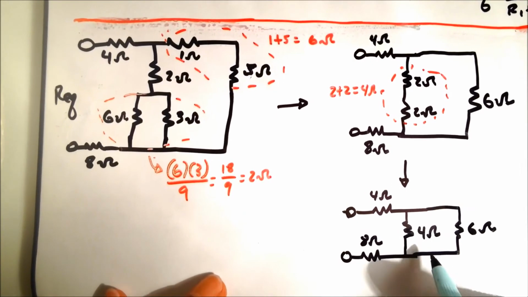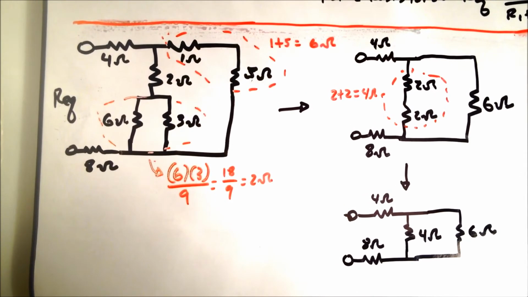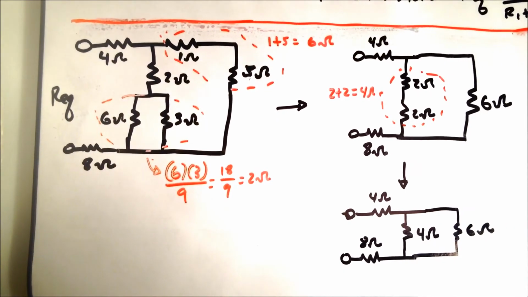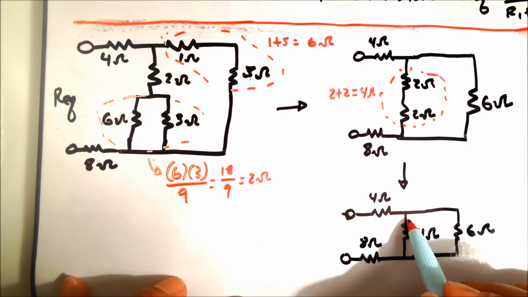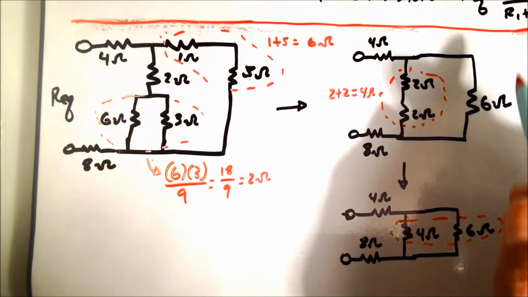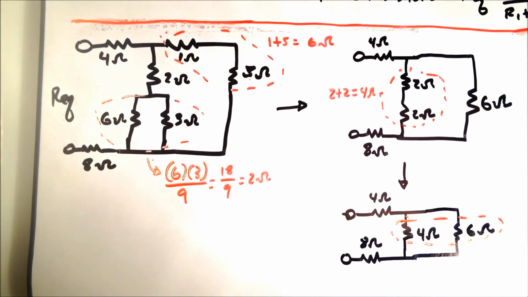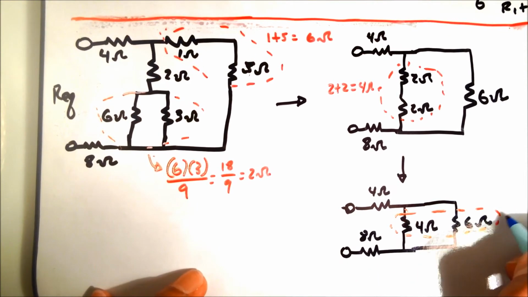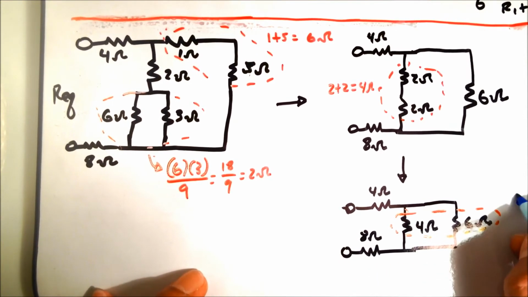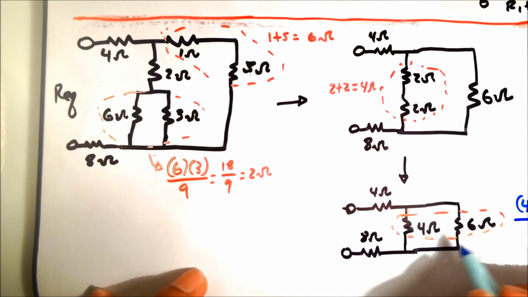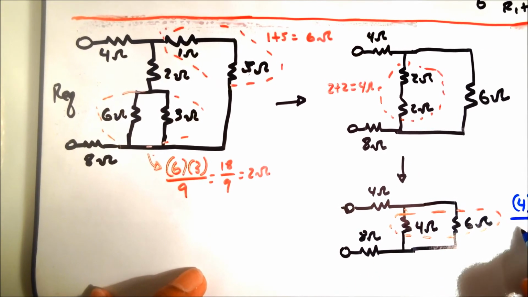Now we see we have a couple resistors in parallel. We have these two, so we can find the equivalent resistance of these two. Remember, they're in parallel, so here's how we find the equivalent resistance. We multiply 4 times 6 over the sum of them, so 6 plus 4.